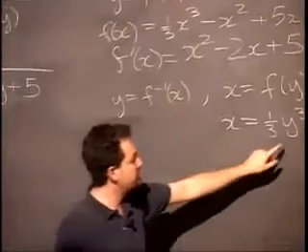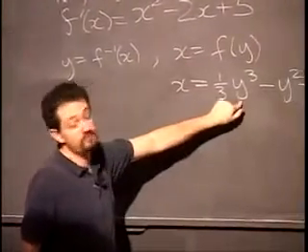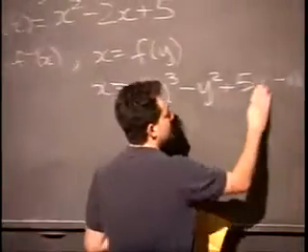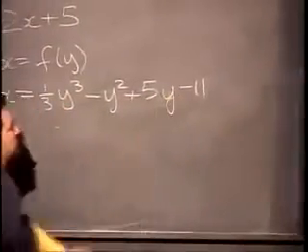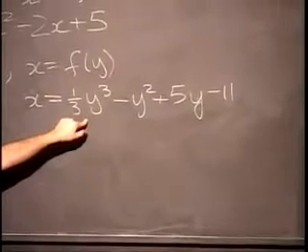The problem is, if you actually want to find what y is in terms of x, you have to solve for y. Oops, how did that x get over there? Sorry, it's a y. So you have to solve this for y, and we don't know how to solve cubics like this.